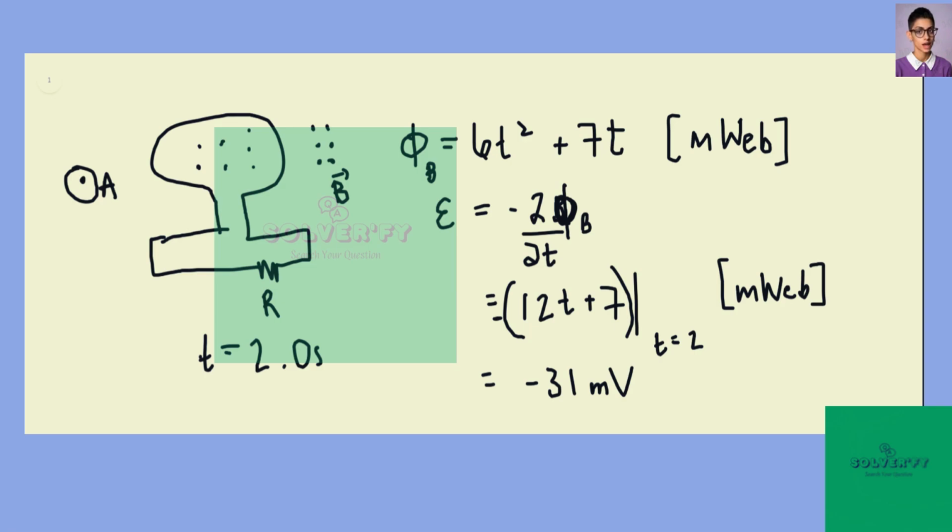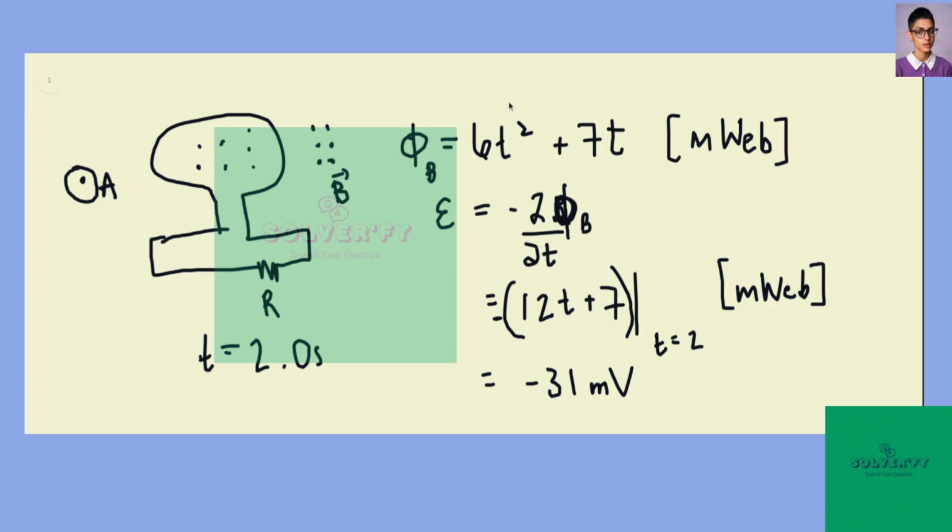So the EMF is therefore clockwise. If we received a positive number for this, it would be counterclockwise. In general, you put your thumb in the direction of the area vector, and then your fingers will tell you the direction of the associated current.